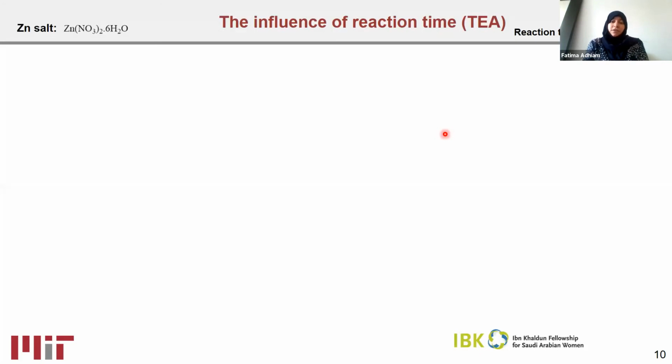The influence of the reaction time has also been investigated using 5 different modulators, and today I'm going to show you the results related to triethylamine with zinc nitrate hexahydrate. The reaction times were 5, 10, 30, and 60 minutes.